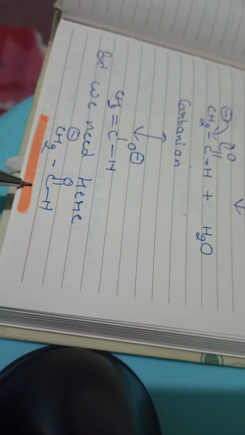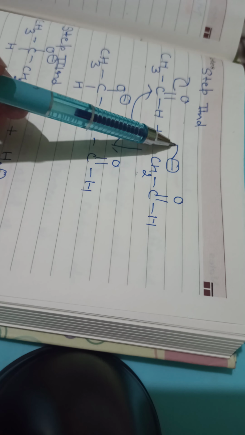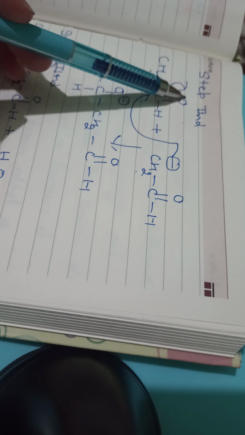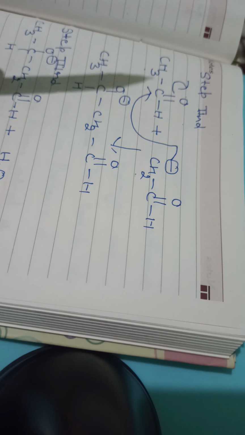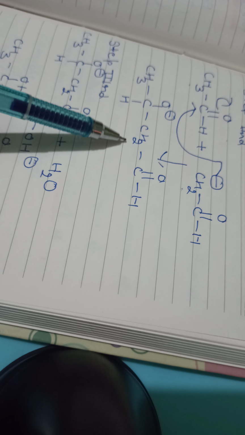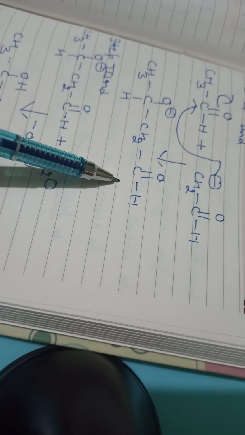Then this intermediate reacts with another molecule of aldehyde, and the negative charge attacks the carbonyl carbon and the double bond is transferred to the oxygen. After that, an adduct is formed: a carbon containing O negative, and the last carbon is the aldehyde group.